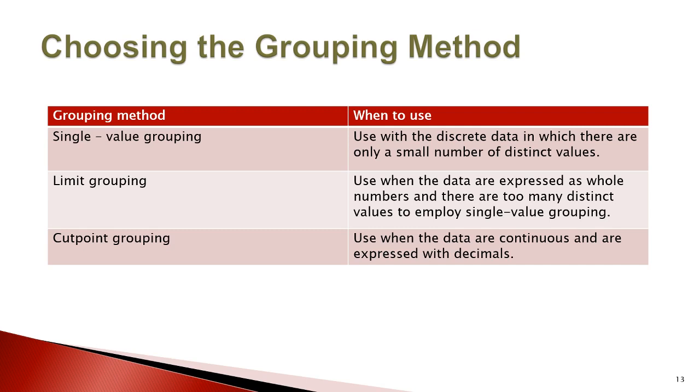Single value grouping is used when the distinct values are few, and limit grouping when the distinct values are many. And cut point grouping is used when the data are continuous and expressed with decimals. Those are the clear differences between these three grouping methods, so that you can choose which to use with respect to the data set that you have.